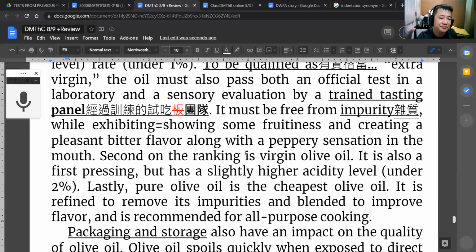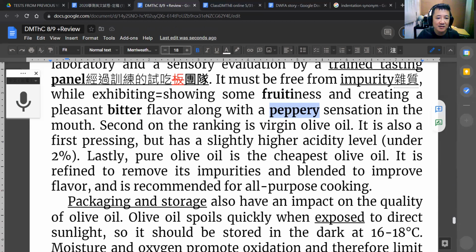Wow, lots of... you have to taste, it has to show some fruitiness, like a fruity flavor, and it has to have a sort of bitter taste. Bitter, it has to be fruity. Okay, fruity. Bitter. But also at the same time peppery, a little bit like a 胡椒 kind of taste, okay, in the mouth.